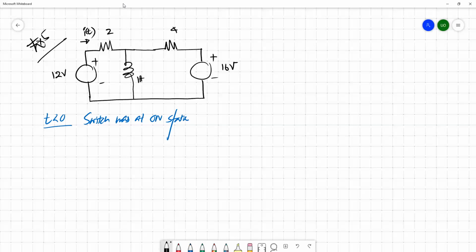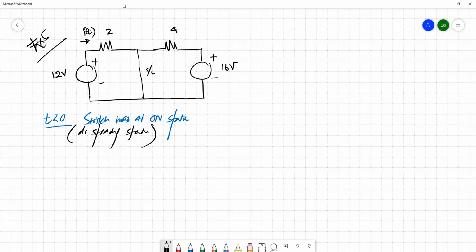Other than that, we know that this is in DC steady state. So if the circuit is in DC steady state, we can replace this inductor using a short circuit element.